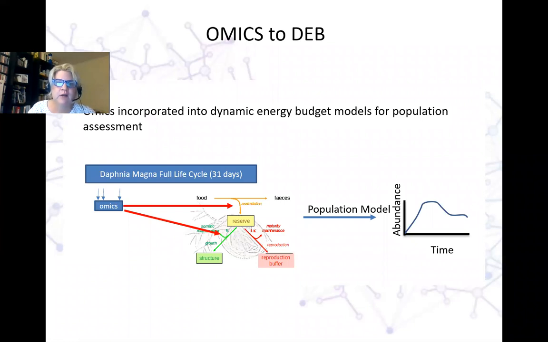Basically, we want to take omics samples from a standardized test and relate them to these physiological modes of action, which can then be interpreted for a population model and effect. To link the omics to the DEB, we adapted that experiment.